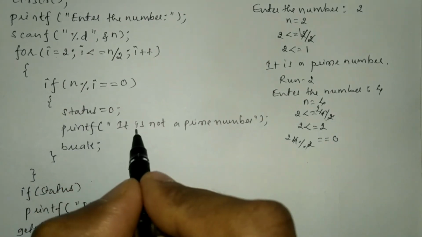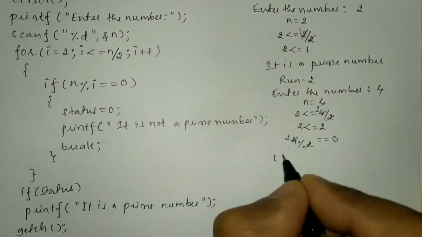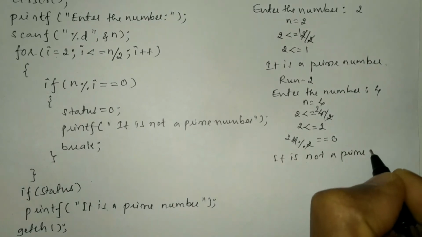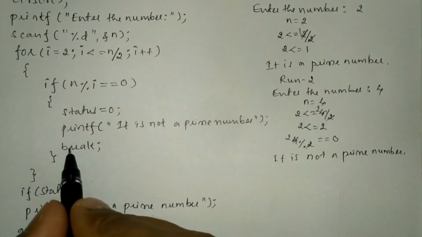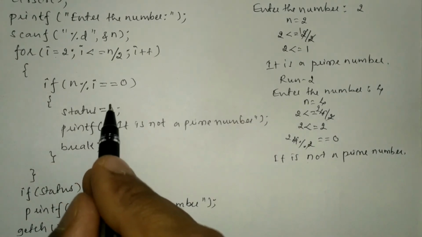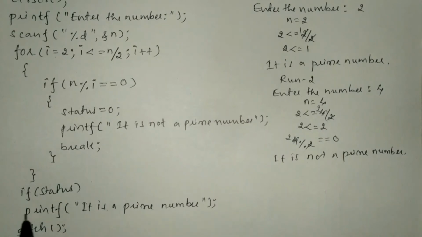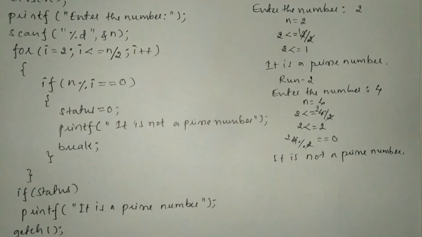Now printf is going to print it is not a prime number. Now the control comes out of this looping construct and it is going to check if status. Now the status value is set to 0, and 0 represents false. Hence this particular statement will not get executed, so it is going to print only it is not a prime number.